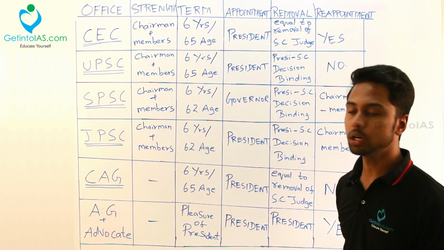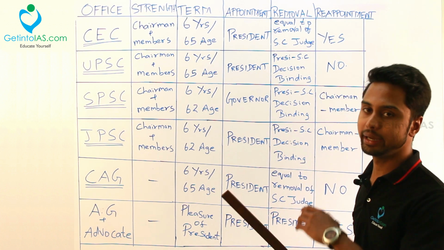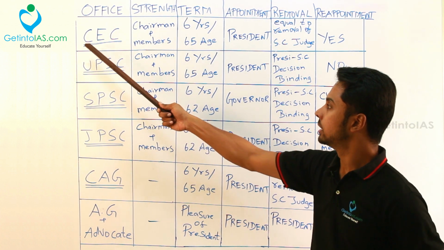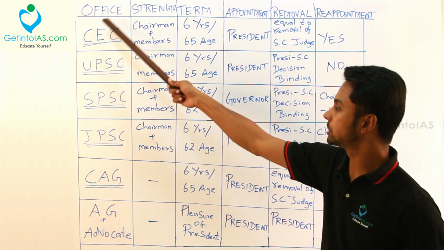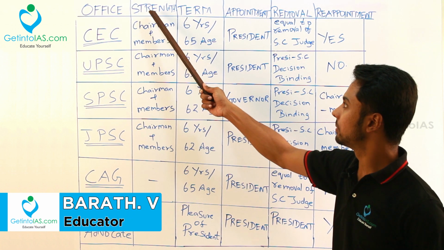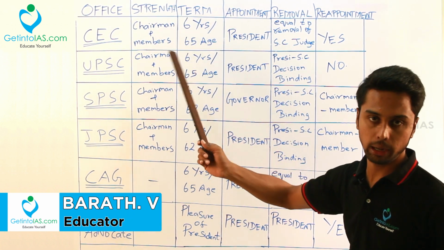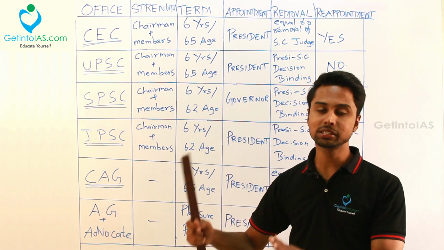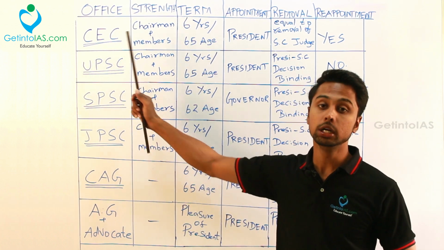Now we will go through the tabular column in detail. First, the strength. The strength of the Election Commission is determined by the President, because the Constitution left the fixing of its strength to the President.